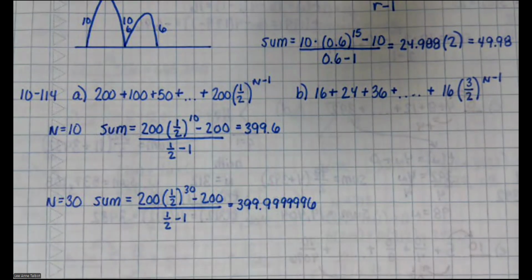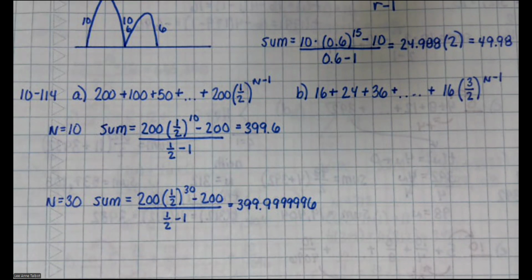Okay, so do you feel pretty confident in saying that if we took that series to infinity, it would add to 400? And it's true, it does. It's just that it's really hard to imagine infinity.